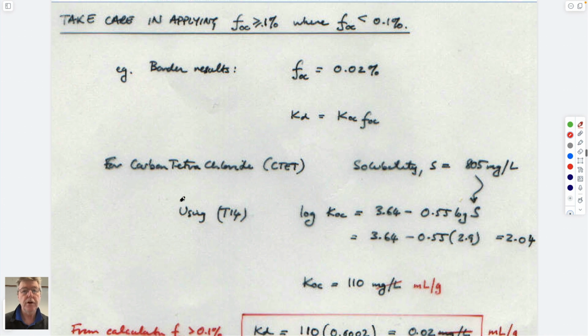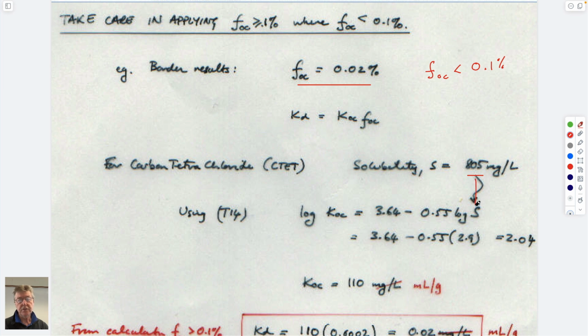If we do the same calculation from Borden for the actual fraction of organic carbon, you'll see that this fraction of organic carbon is actually less than 0.1%. Not by much, by a factor of 5, I suppose, right? This is 20% of 0.1%. So if we try using this equation, the solubility of carbon tetrachloride is 805 milligrams per liter.